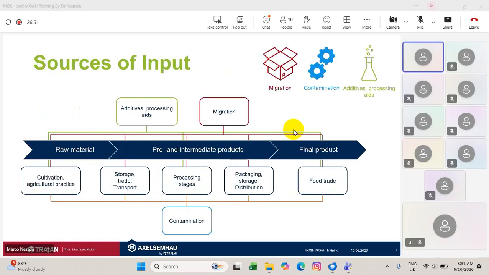But I think the most important thing is to understand that it's not only one source. You have really over the whole lifetime of a foodstuff, from the beginning to the end, numerous ways of interaction and possible contamination ways. That's also important to understand for the customers when they ask you, I'm seeing now much more in my chromatogram, where is it coming from?